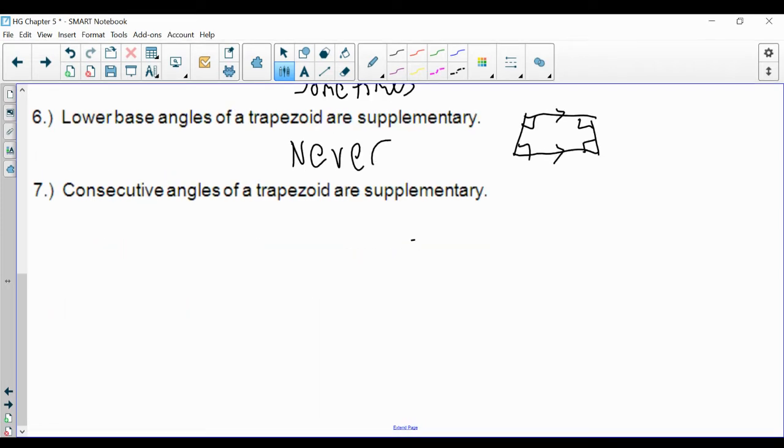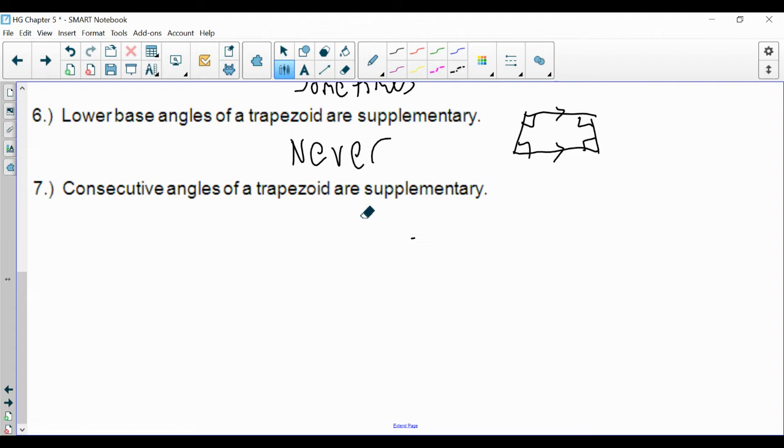And then the last one, consecutive angles of a trapezoid are supplementary. Consecutive meaning next to each other, and this is sometimes true. This one's a little weird because it's only sometimes true inside of the trapezoid.